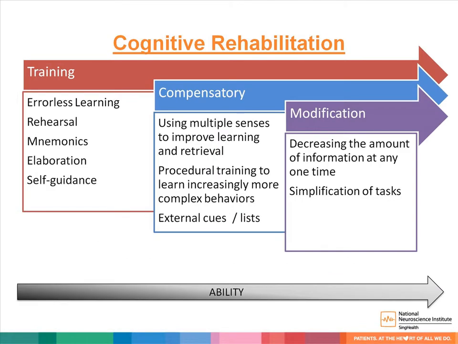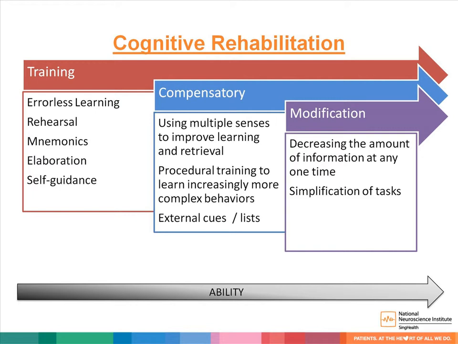As you can see on this slide, there are 3 levels of cognitive rehabilitation, and each level must meet the survivor at their cognitive ability, motivation, and emotional status.